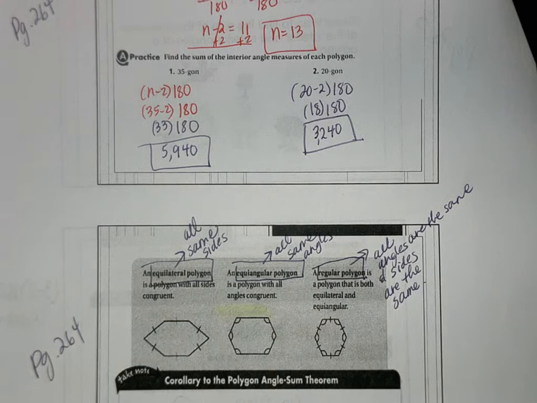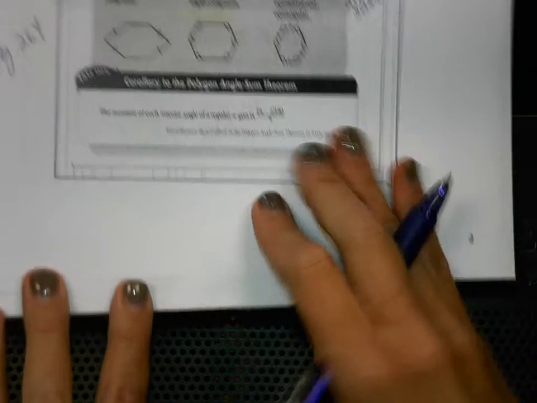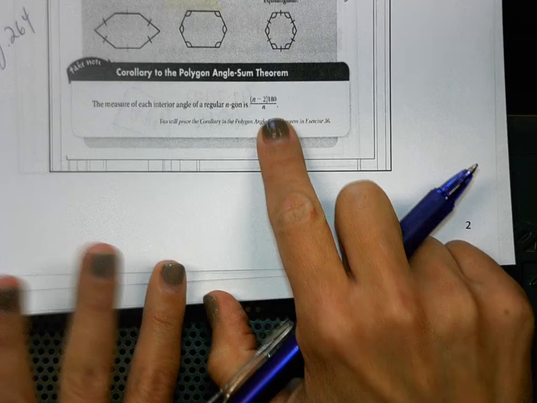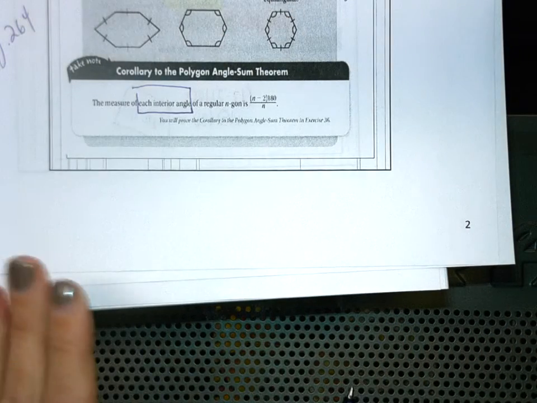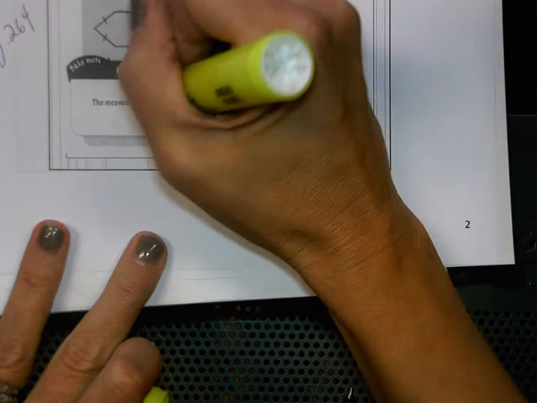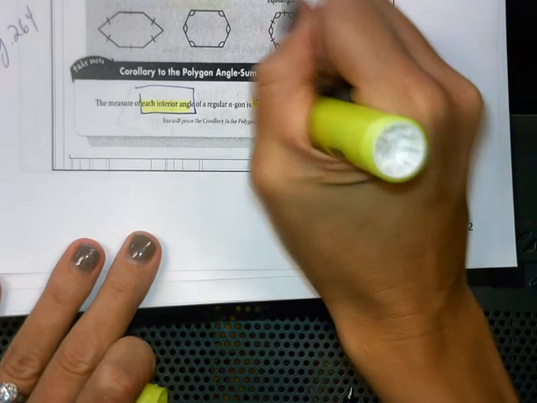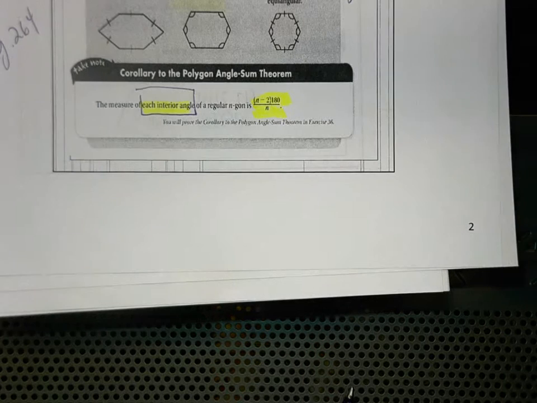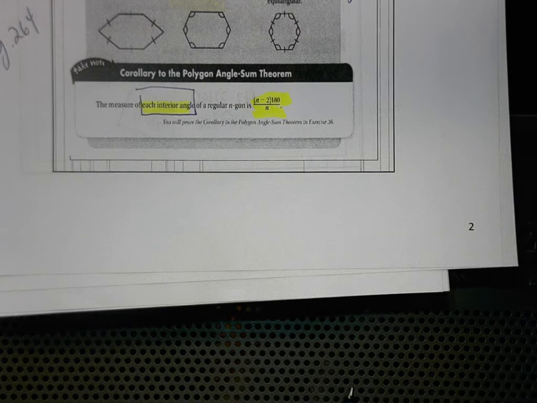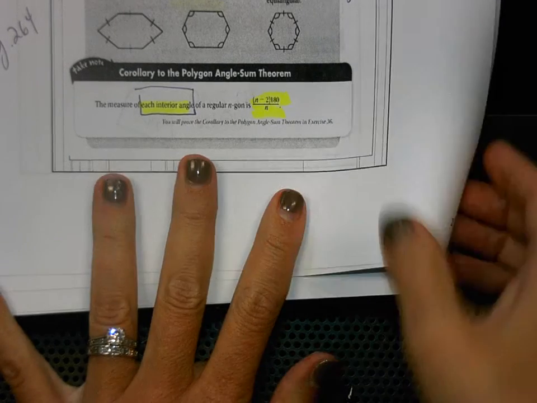That's exactly what this formula is telling you: to find each interior angle, you use the same formula but divide it by how many sides there are. We know how to find how many degrees are inside, and if you want to separate that evenly to each of the angles, you just divide by how many sides. Okay, we're going to move on here. Are you ready?